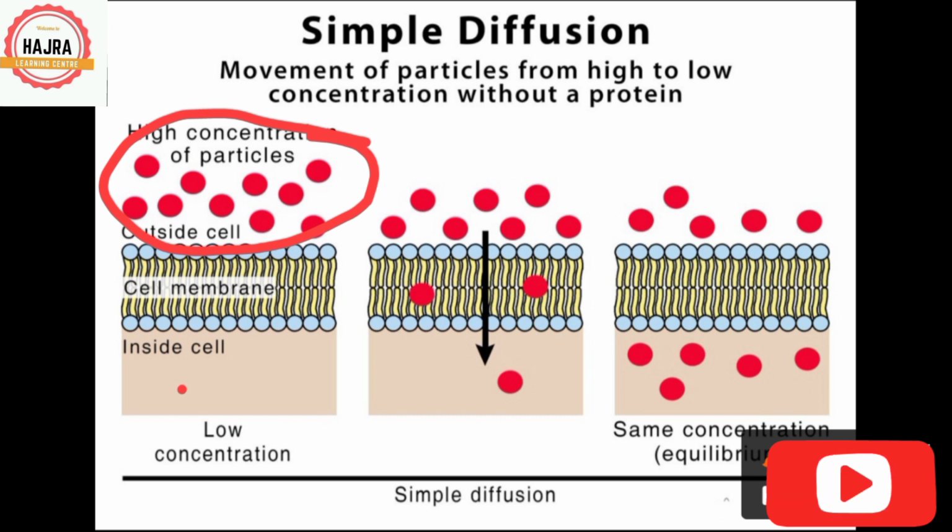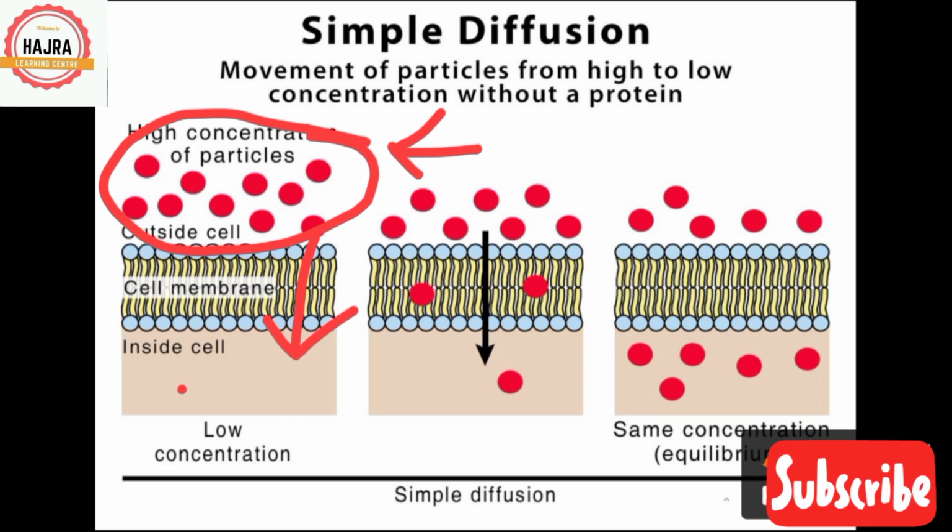We have learned the definition of diffusion: the movement of particles from the higher concentration to the lower concentration. Outside there is a higher concentration of the molecules, so molecules will move from the higher concentration towards the lower concentration. In this way molecules will cross the cell membrane and move to the inner side of the cell.